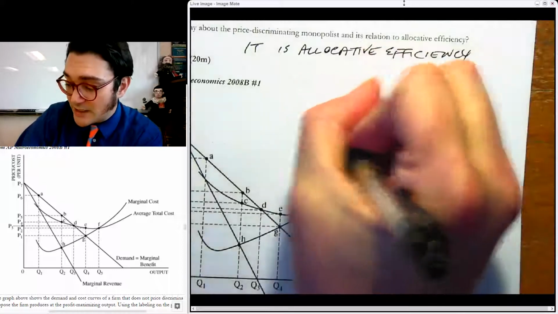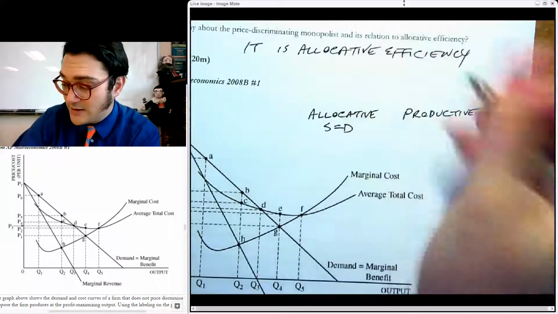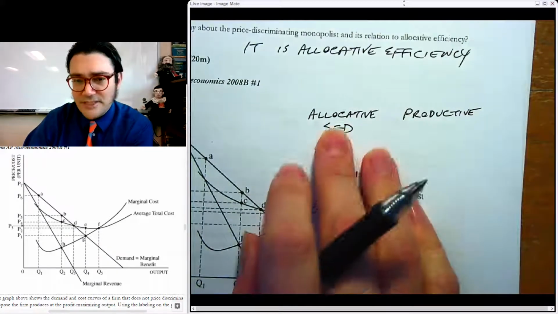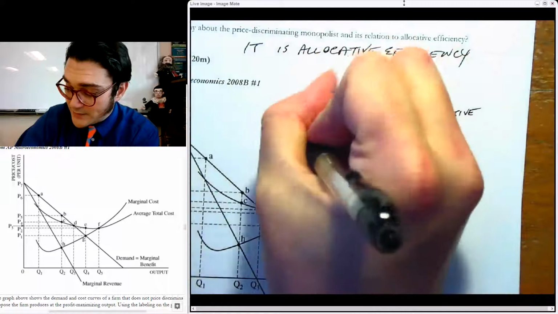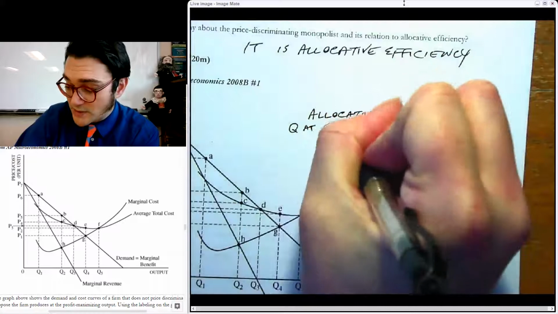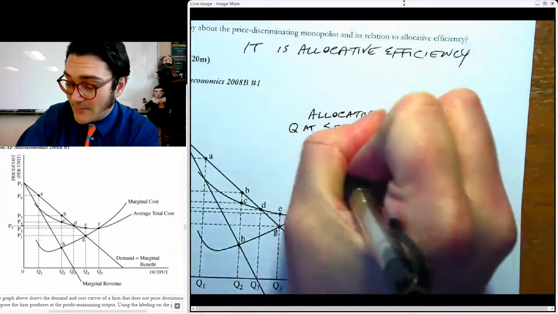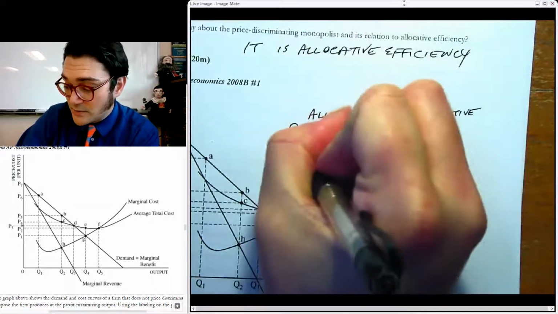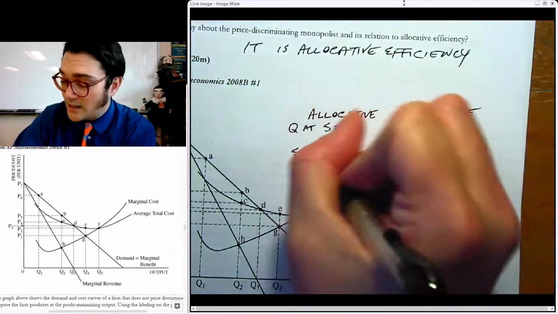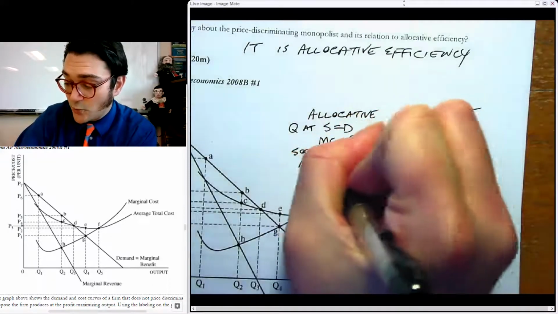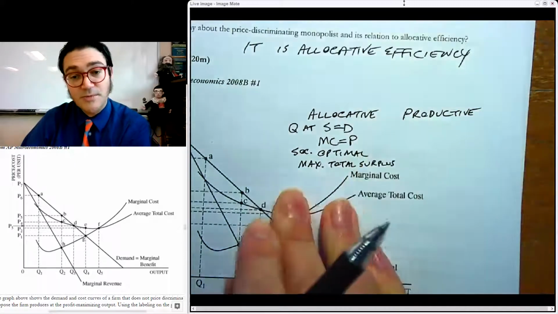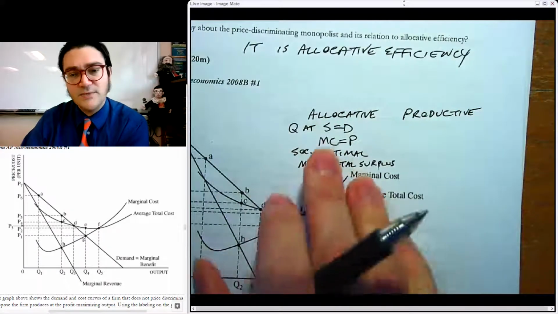These are all different things that mean the same thing, right? The quantity where supply equals demand, the quantity where marginal cost equals the price, we call it socially optimal. We also call that maximizing total surplus, right? Not necessarily the producer or the consumer, but we're maximizing total. All of those things mean the same thing.